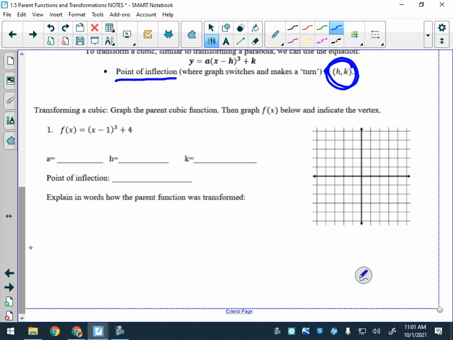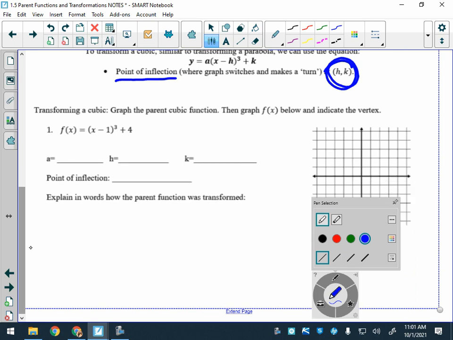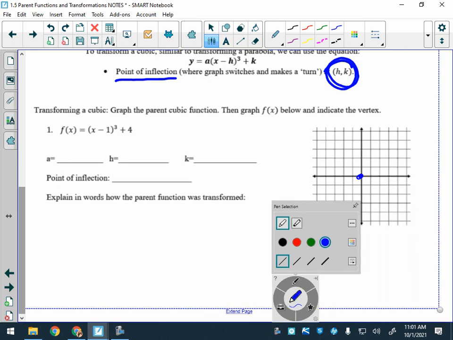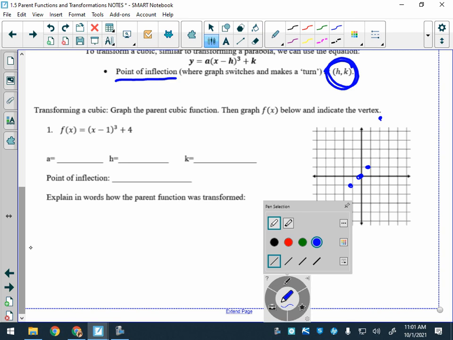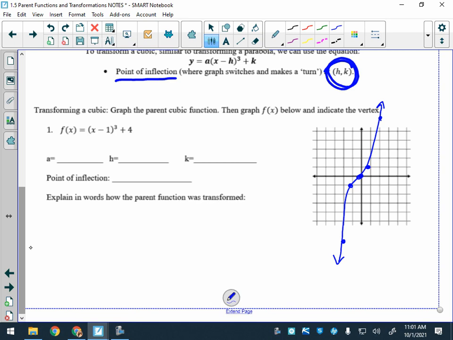So, we're going to start this, as we always do, with the parent function. It's up here, and you have this on your pink sheet. Okay.